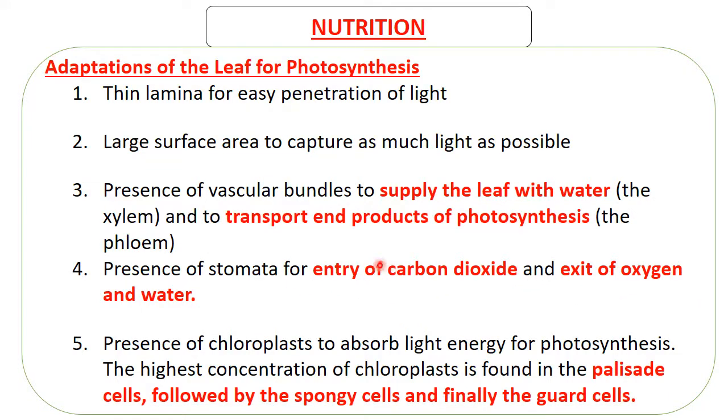We need carbon dioxide for photosynthesis to occur, and we need oxygen and water to get out, since oxygen is an end product and water is just to balance the osmotic levels of a leaf. Also, there is the presence of chloroplasts to absorb light energy for photosynthesis. The highest concentration of chloroplasts is found in the palisade cells, followed by the spongy cells, and finally guard cells. Epidermis cells don't have chloroplasts.